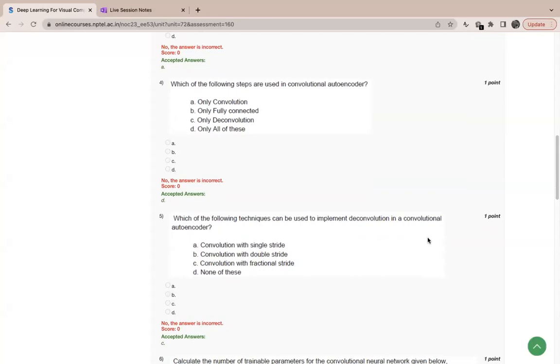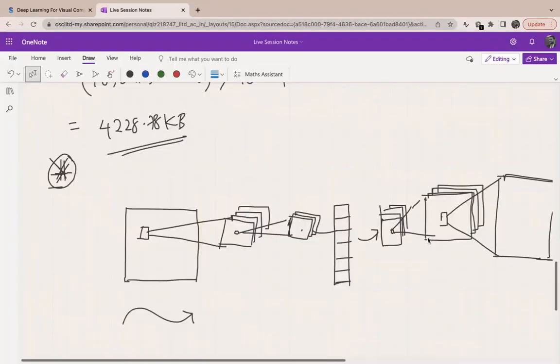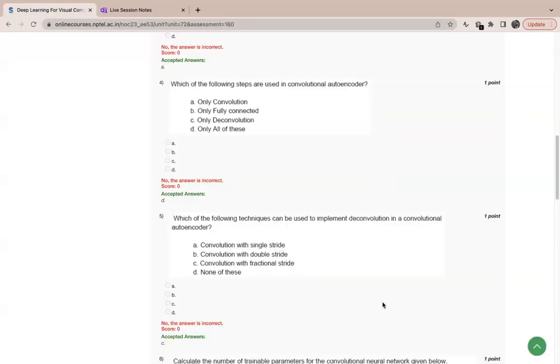Only convolution, only fully connected, and only deconvolution. Here we see that we have convolution, deconvolution, and fully connected. So I guess all of the above are used in an autoencoder.